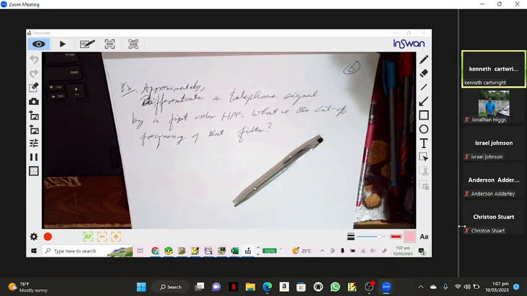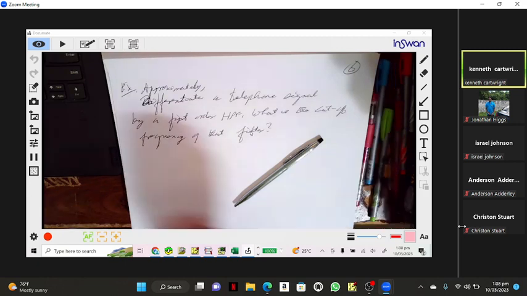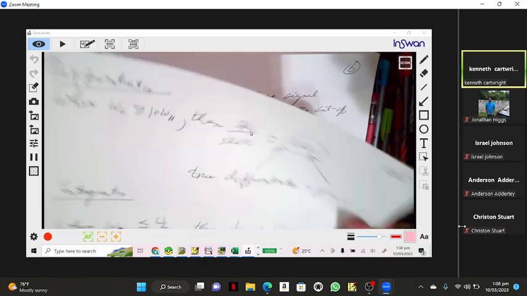No, it could be in radians per second, since I didn't specify. All right, pay attention, please. It's page 5.